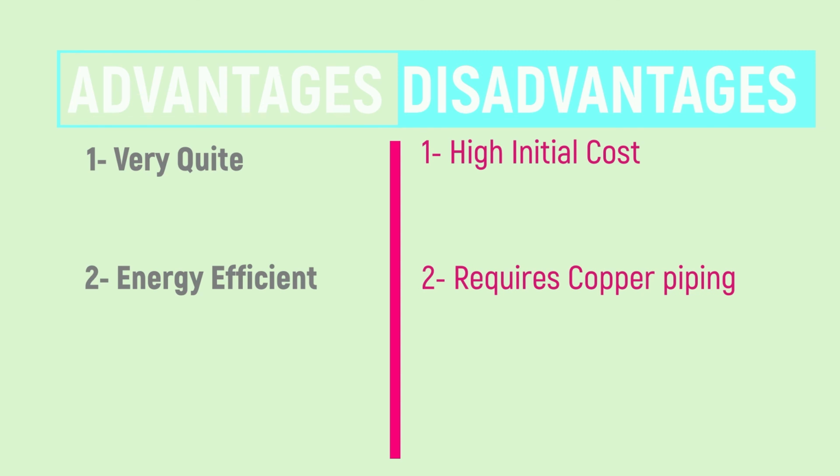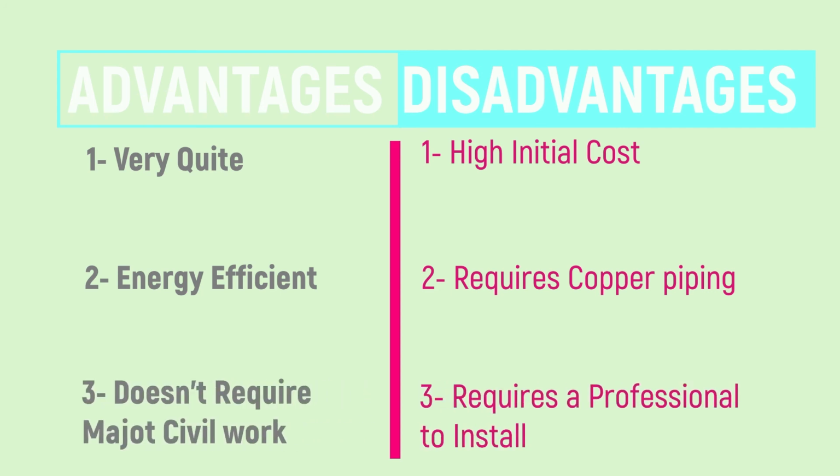However, it requires copper pipings, and sometimes the route of the copper piping is very long, which is an additional cost. The third advantage is it doesn't require major civil work. It's only to mount the indoor unit, mount the outdoor unit, and just a hole to pass the piping. However, it requires a professional team to install it.